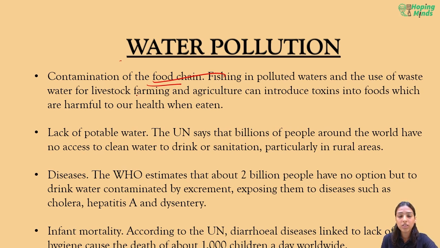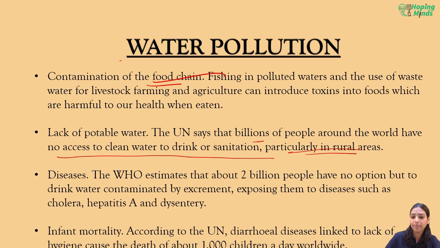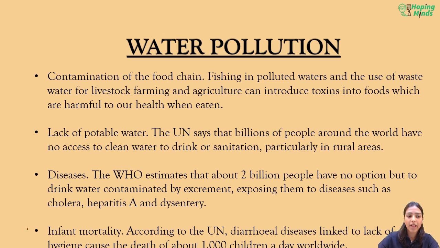Lack of potable water. The UN says that billions of people around the world have no access to clean water to drink or sanitation, particularly in rural areas. In this comes very handy, sadly for not a good reason, the case study of a village of Maharashtra. The name of the village is Latur. You might have heard about it. It was in the news from 2016 to almost 2019.